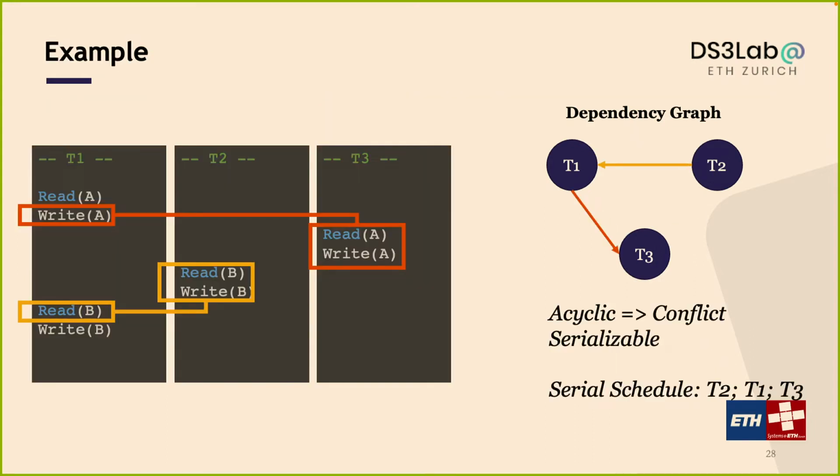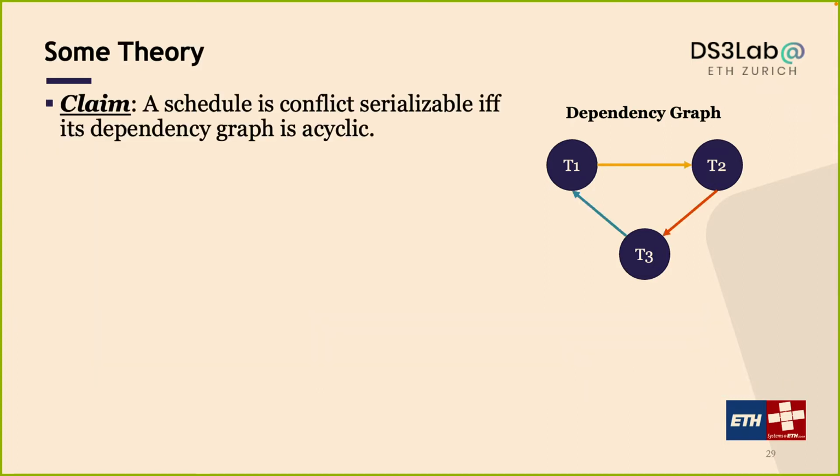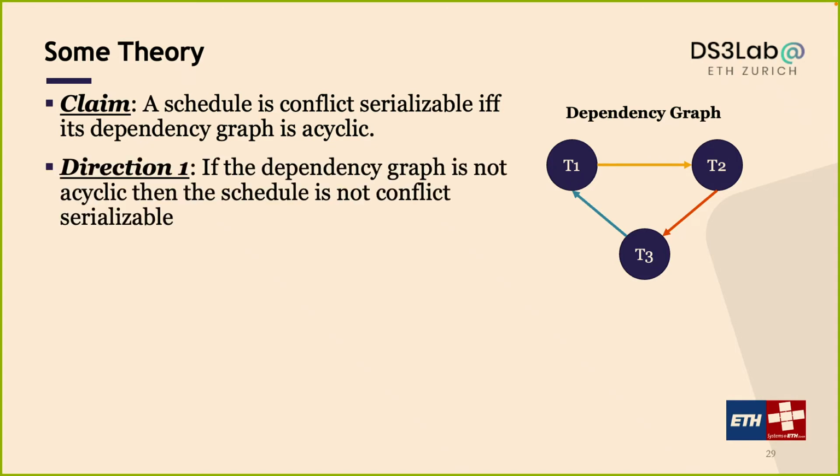So there are two claims that we can make. One claim: a schedule is conflict serializable if and only if its dependency graph is acyclic, meaning there's no loop. How can we prove this? This is relatively easy to prove when you go back home. You prove the two different directions.